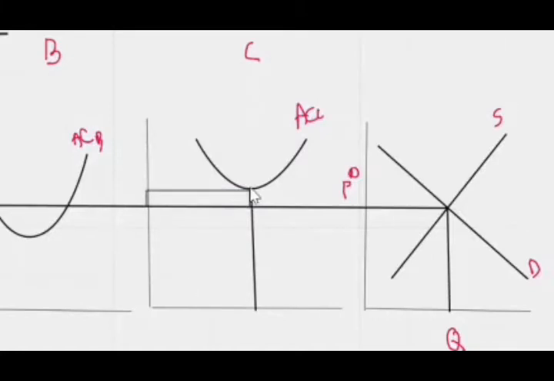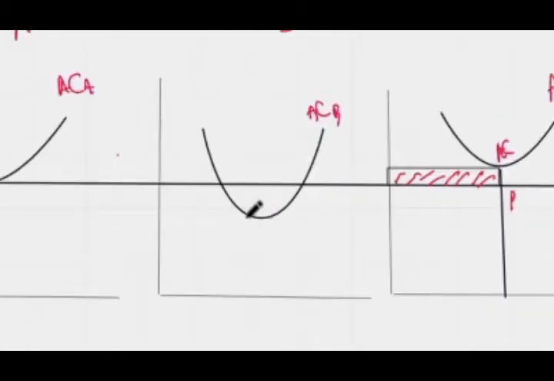Agree, sir. Per unit loss is this, because this is my price. So if you look at it, this is my price, this is my average cost, and this much area I'm losing. Now there are complications in the diagram, which means we actually draw with a marginal cost curve. And in this course, I'm not worried about it. Whatever the marginal cost curve is, it will be something like this. This fellow, what is going to happen to him?